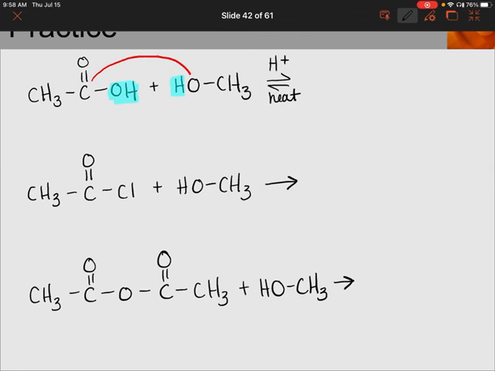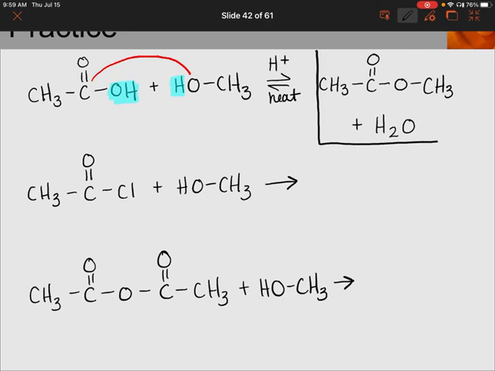So this will give us an ester and water. I'll just put a box around that so we keep it separate from our other reactions.